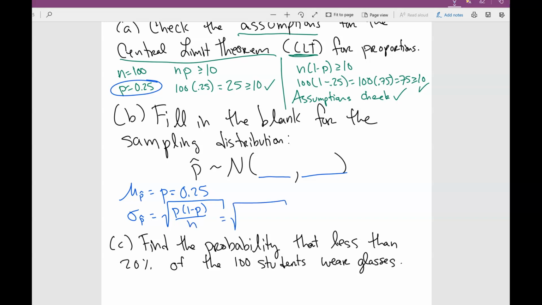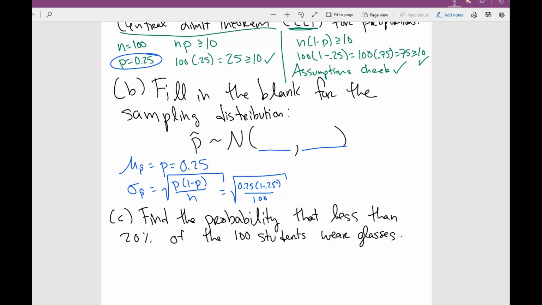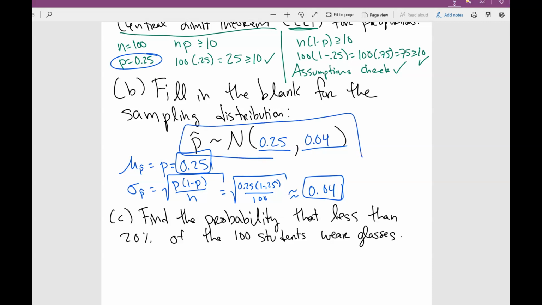So this is the square root of 0.25 times (1 minus 0.25) divided by 100. I'm going to put this in my calculator, and what I get is 0.04. So all we have to do is plug those into the fill in the blank, 0.25 and 0.04. This is basically my sampling distribution, which will be used in a little bit.